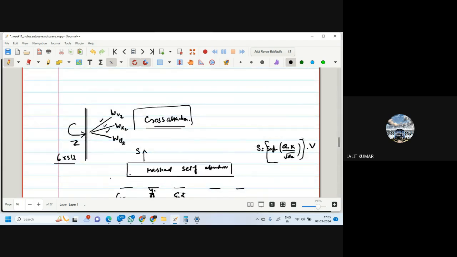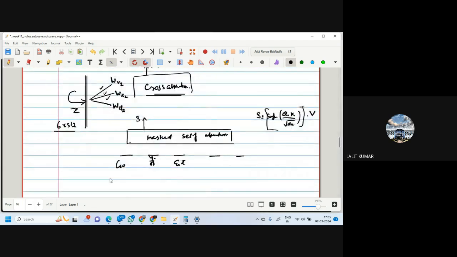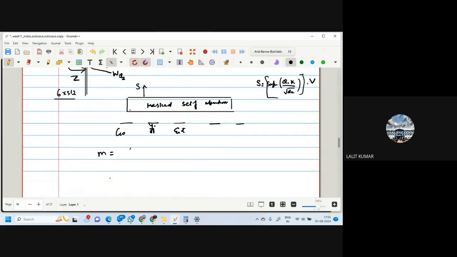For the cross attention part, the output will be M, for example, and M will be equal to softmax of Q, K and V, where Q is equal to WQ2 into S, K is equal to WK2 into the Z value which is coming for this vector Zi, and V is equal to WV2 into Zi.